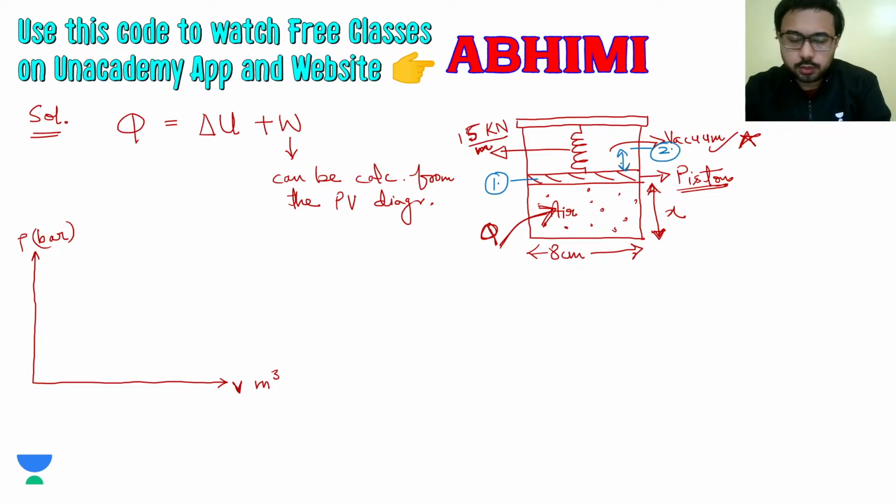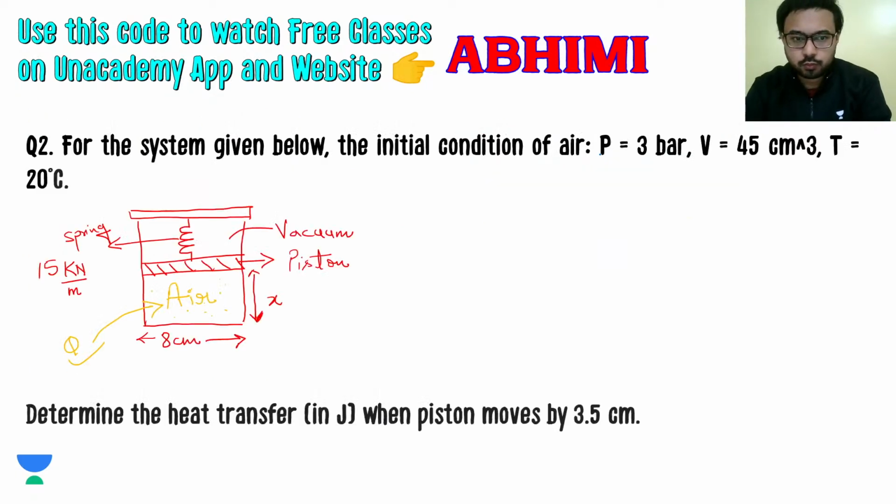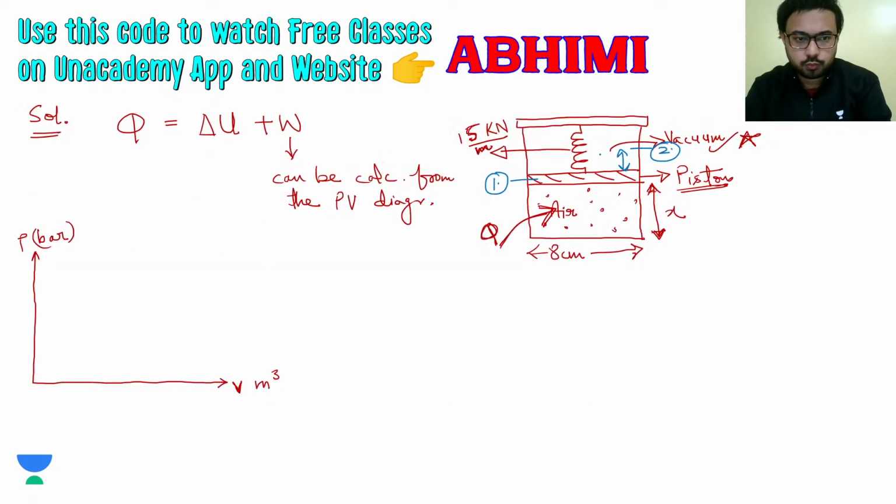This distance that the piston is going to move is given as 3.5 centimeter.